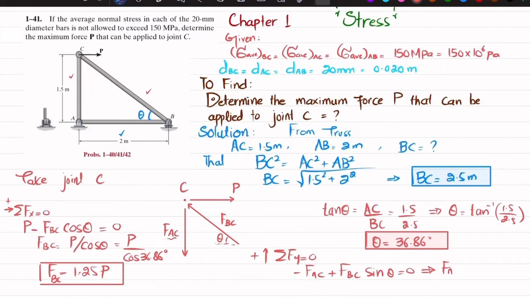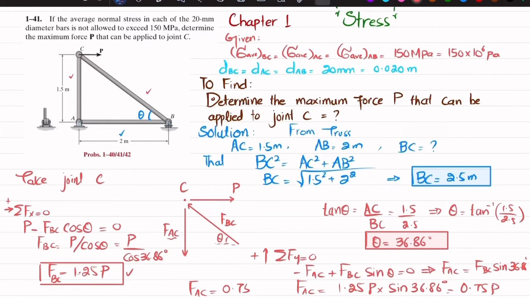So FAC will be equal to FBC sine theta, which is 1.25 times P multiplied by sine of 36.86 degree, and you will get FAC is equal to 0.75 times P.